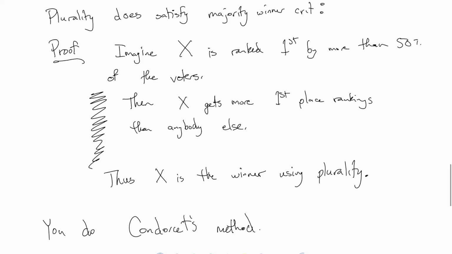That is, I want you to write a similar proof that explains why the Condorcet method satisfies the majority criterion. The only difference really is the part in the middle. The rest of the structure should be the same, although at the end you shouldn't use the word plurality. You should say, thus X is the winner using Condorcet's method. All right? I'll give you a few moments to think about it.